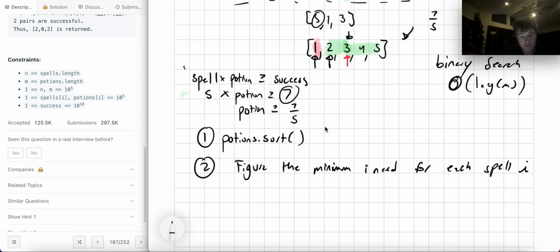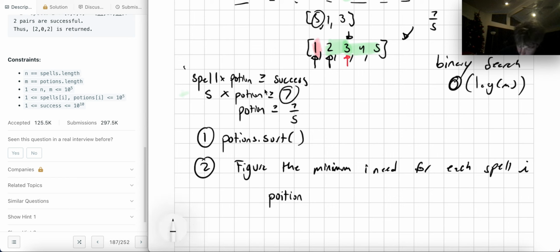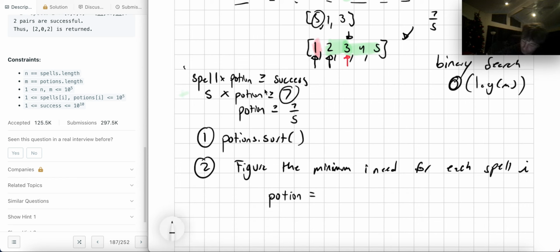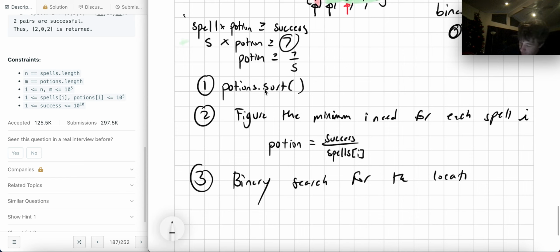So the minimum potion I need for each spell i is just this equation we found here. So that would be the minimum potion. Did I just spell potion wrong? Yep, I did. Apologize. The minimum potion is the success amount divided by spells of i. And then I'm going to binary search for the location of that potion.